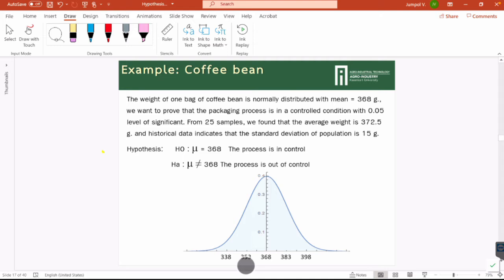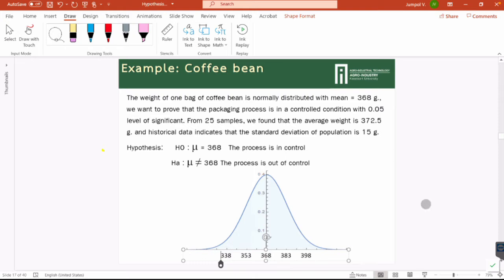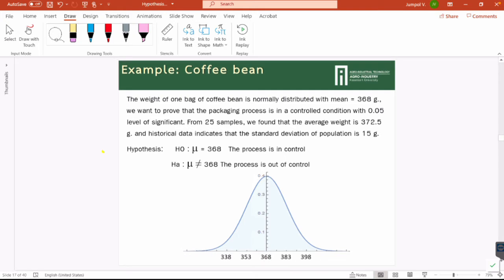On the left side, it's going to be 368 minus 15 here, which is 353, and then here is 353 minus 15. We already know that the area under the curve is 1, right?